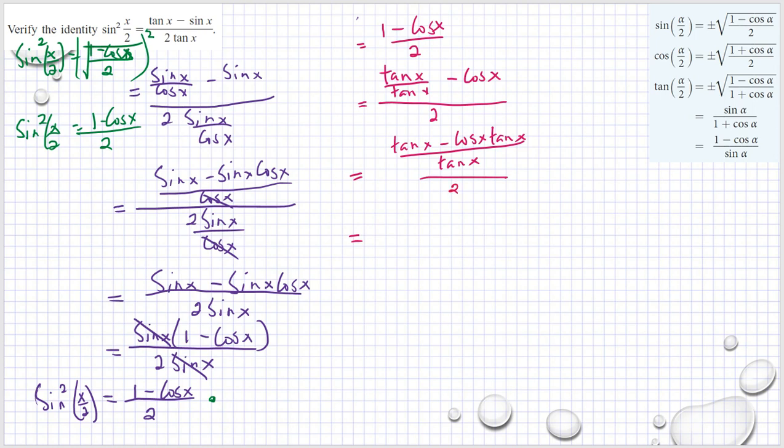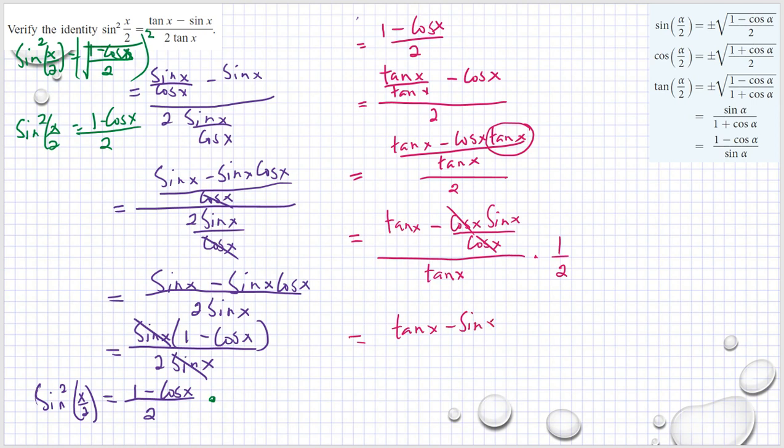This tangent will become sine x over cosine x, and then over tangent x multiplied by 1/2. Now you can see that this will become 1. Then we have tangent x minus sine x divided by 2 tangent x. So it doesn't matter which way you want to do it.